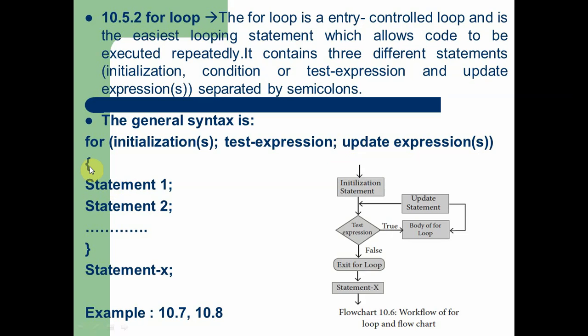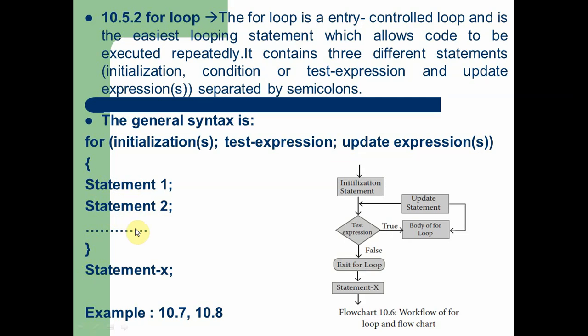After that, we open the brace symbol, then we write statement 1, statement 2, and then we close the brace. The statements enclosed between these open and close braces are called the body of the loop.